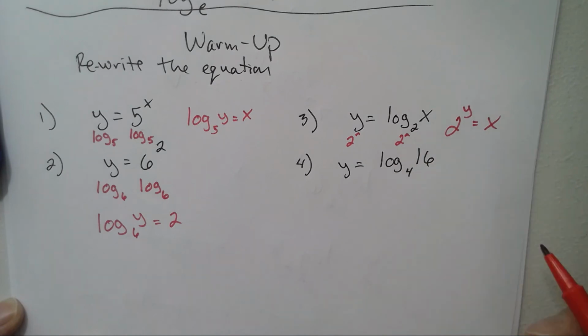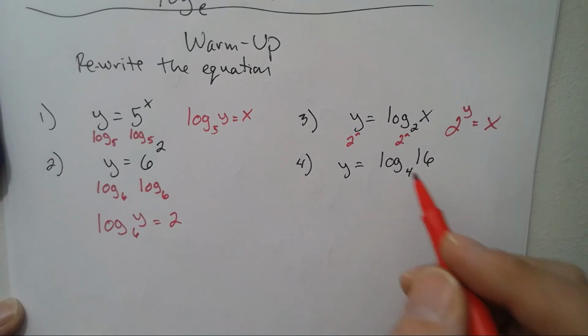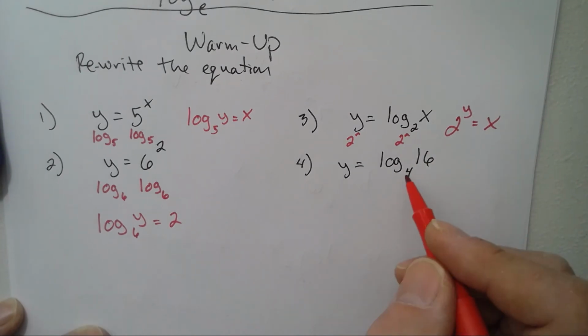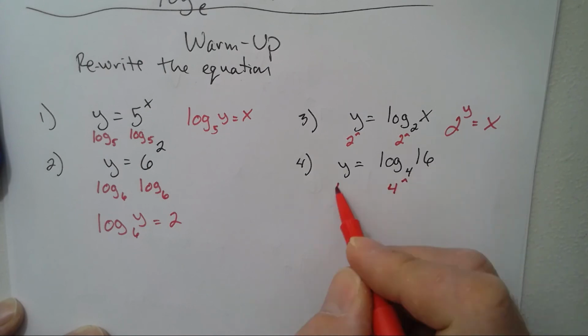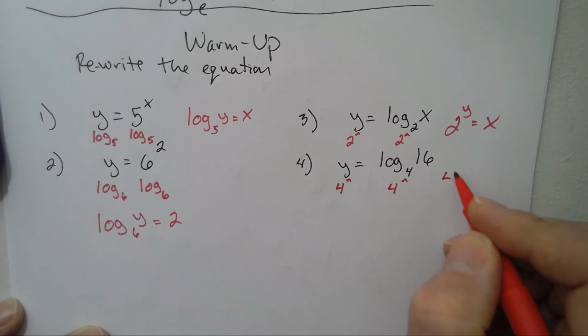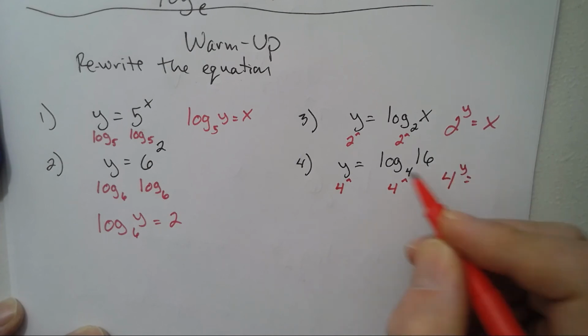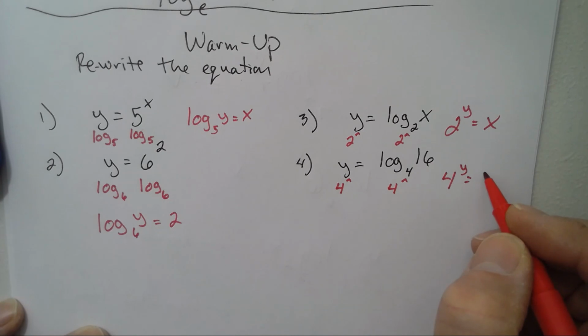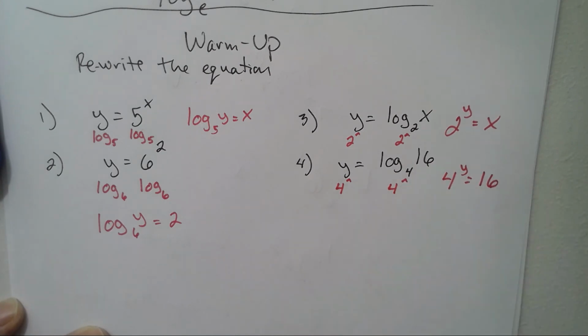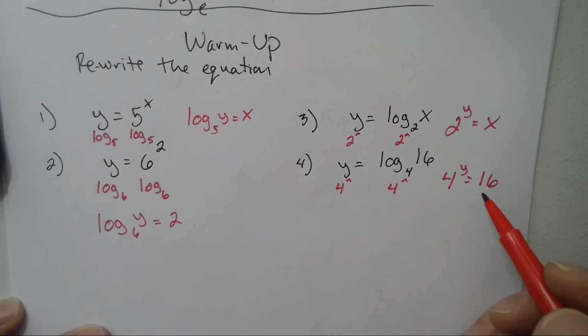So here we have to figure out what the base is, 4, so we're going to do 4 to the power of each side. So 4 to the y equals, these undo each other, so just 16. So can anybody tell me what y would be equal to? 4 to what power is 16?